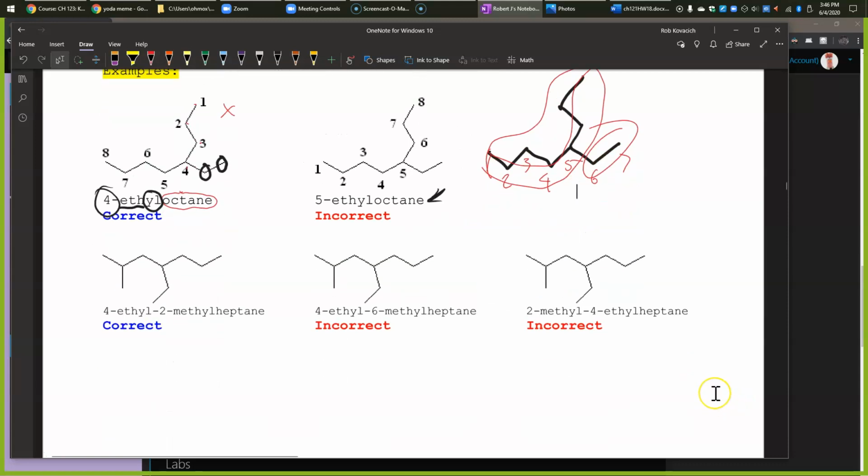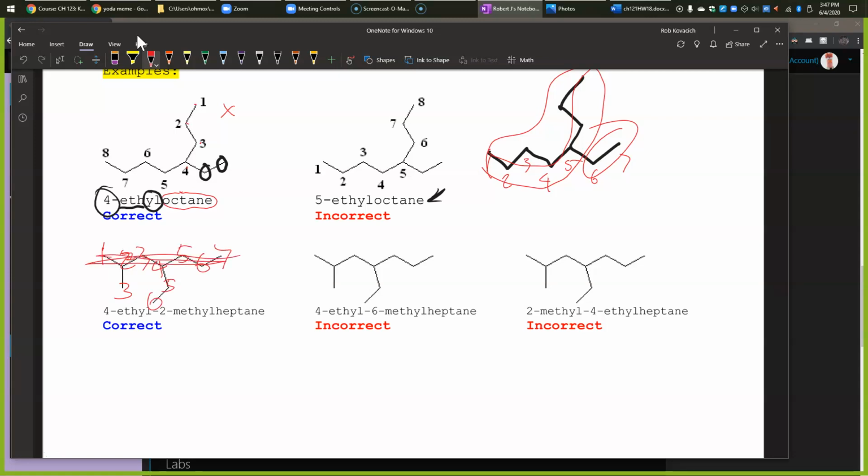Okay, so let's talk about what we have down here. Again, what you do is you start at an end and you count till you get to an end and you ask yourself, was that the biggest number? So 1, 2, 3. Okay, so 3 carbons long. 1, 2, 3, 4, 5, 6. 6 carbons long. 1, 2, 3, 4, 5, 6, 7.